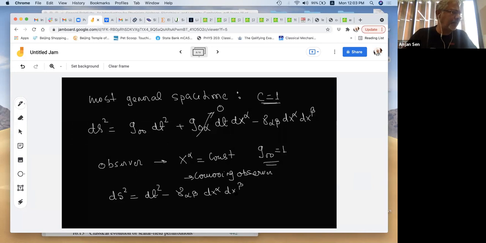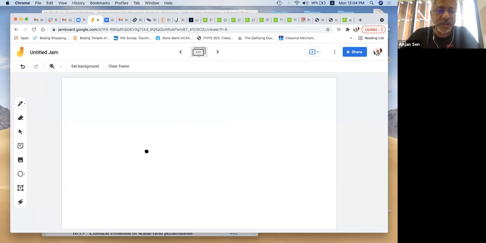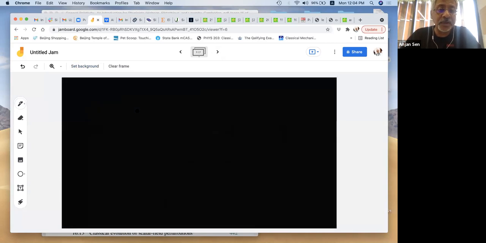This part is the space metric. Okay, so this is a 3D metric that we have, and this metric has homogeneity and isotropy. Fine. So let's talk about this metric. We have this 3D space metric over here. I call this dl square.